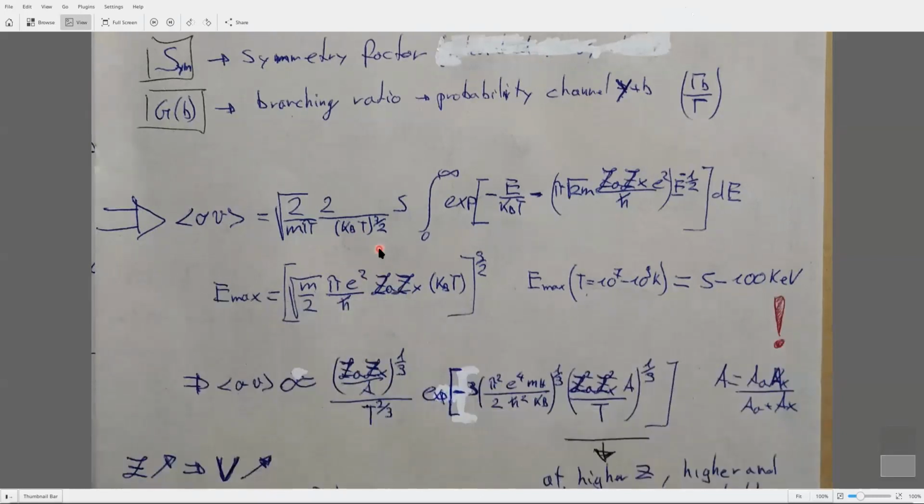And we have a maximum of the energy at the center of the Gamow window, that is this value that you can see, which depending on the typical energy can vary from 5 to 100 kiloelectron volt.